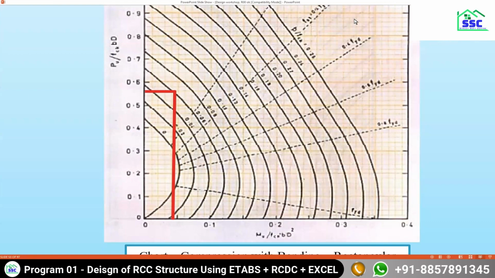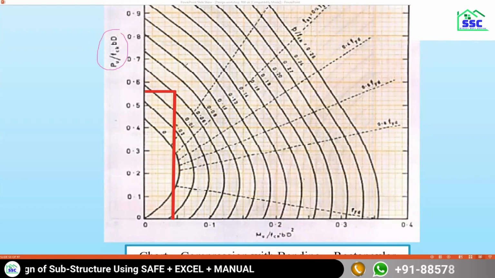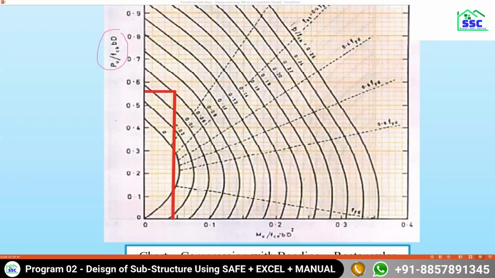If you see on the y-axis, we have this value of PU by FCK BD. We have these different curves for the value of rho by FCK. And from that, if you go from here to here, you get a value of MU by FCK BD square. So our value of this was 0.57. Right?